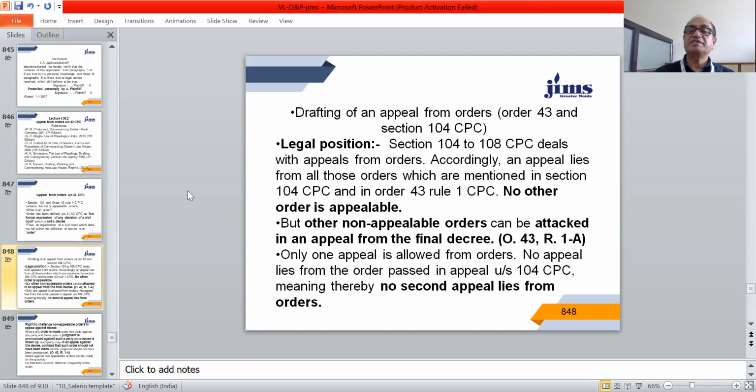But dear students, please keep in mind that only one appeal is allowed from orders. Second appeal is not allowed. No appeal lies from the order passed in appeal under Section 104 CPC, meaning thereby that no second appeal lies from orders.